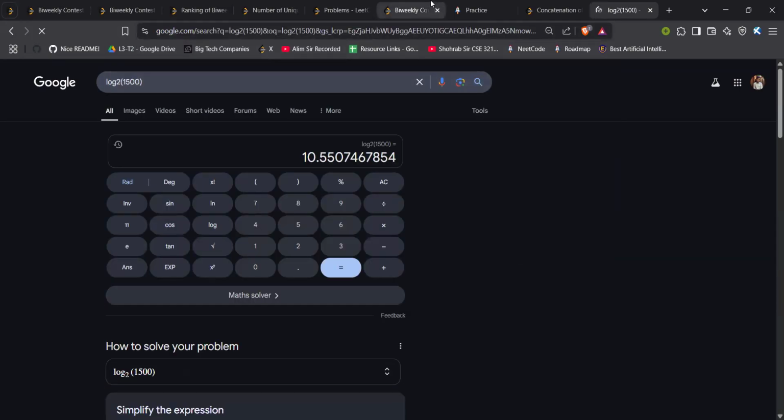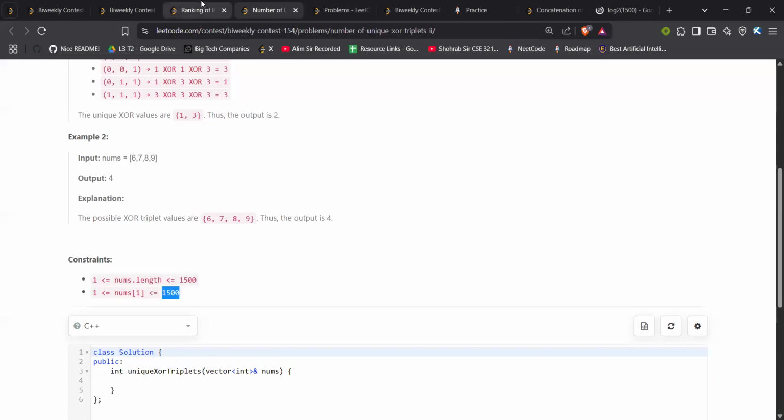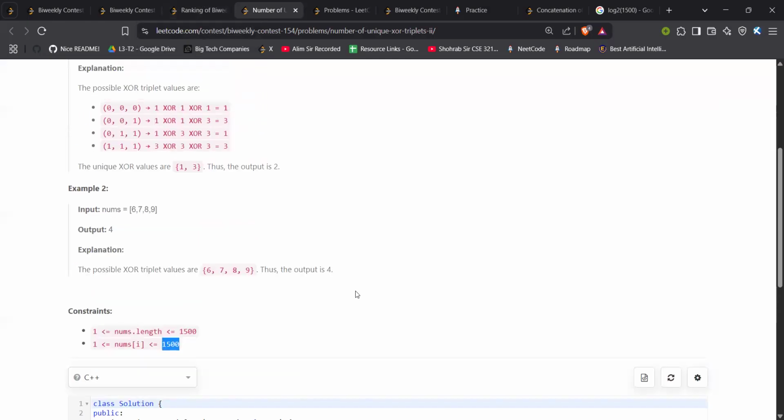It's like 10. So the maximum binary digits they're going to have is 10, which is very, very small. Now that matters a lot, right?